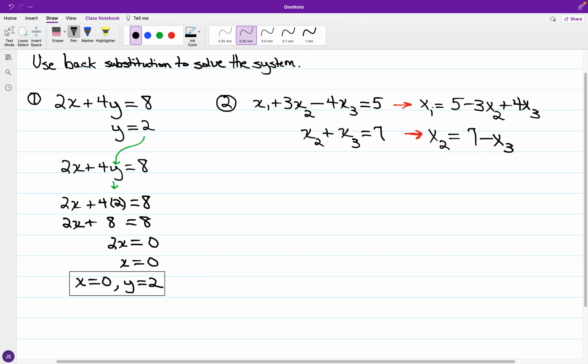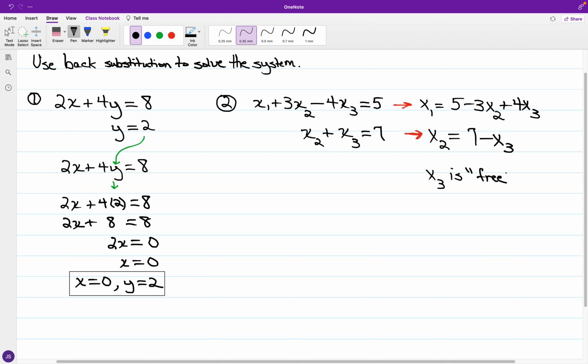Alright, so I express the equation from the top in terms of x of 1, the second equation in terms of x of 2, and there are no additional equations where I can write the equation in terms of x of 3 apart from manipulating x of 1 and x of 2. So in terms of the last variable, x of 3 is what is regarded as a free variable.